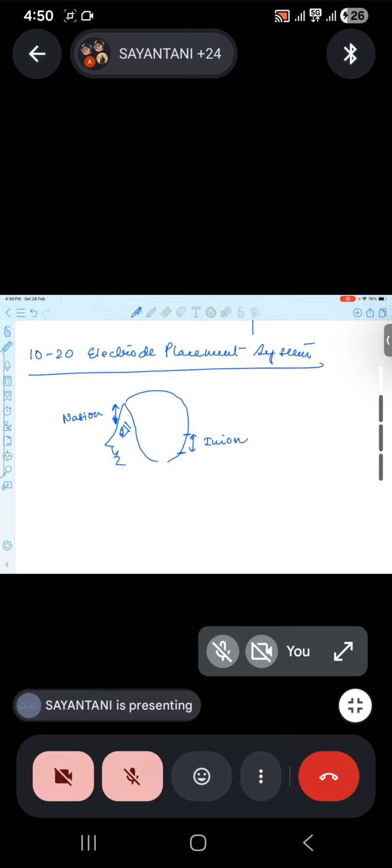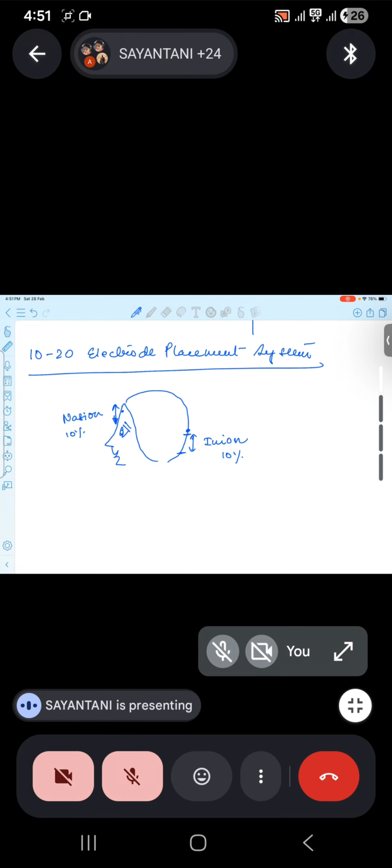So here, whenever you are placing an electrode, say on the prefrontal cortex, it must be 10% of the adjacent electrodes. Again, any electrode you are placing on the occipital cortex, that also has to be 10% of the distance of the adjacent electrodes.